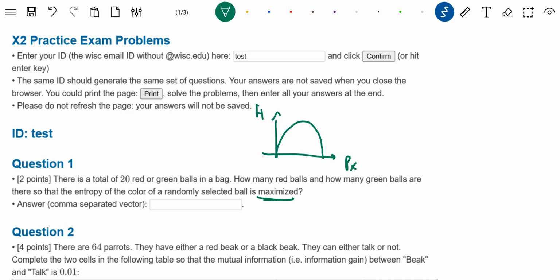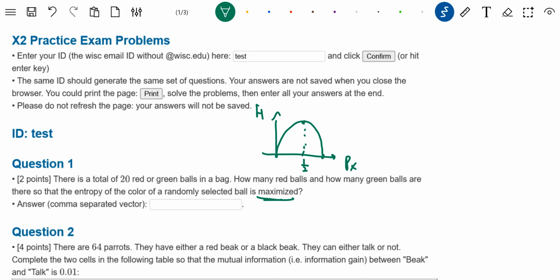The entropy function looks like this, and it's maximized when the probability is a half. The intuition behind this is that entropy measures the amount of information contained in the realization of a random variable. So here, if we have 100% red balls, then drawing a ball, knowing that it's red, doesn't get you any information.